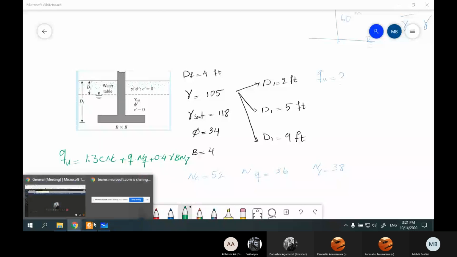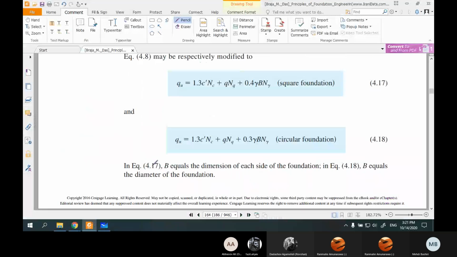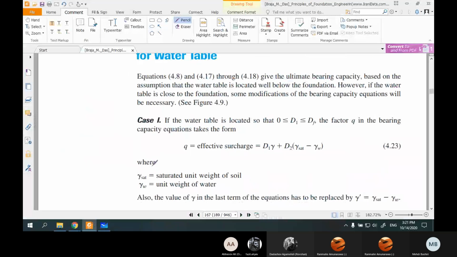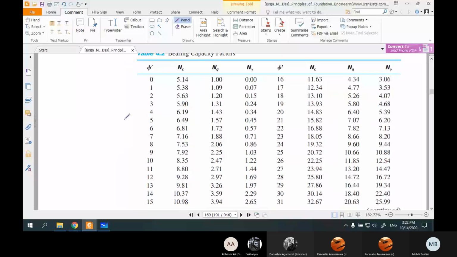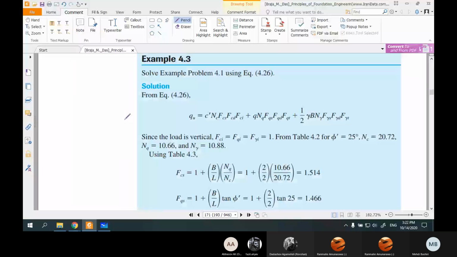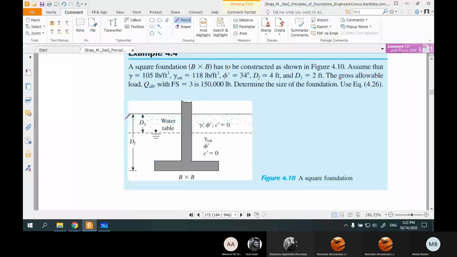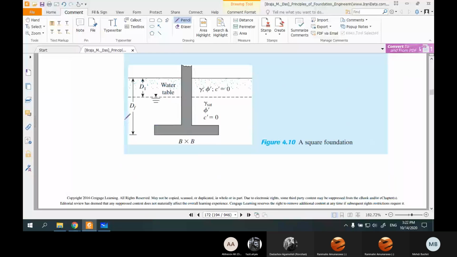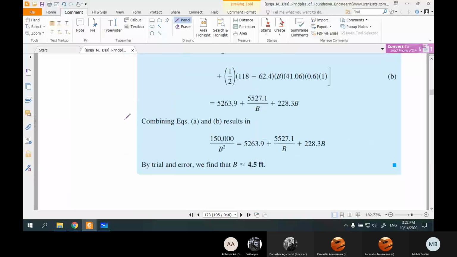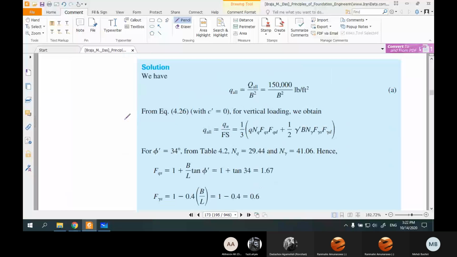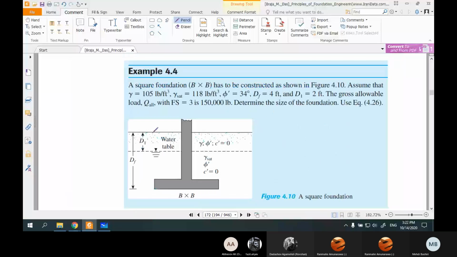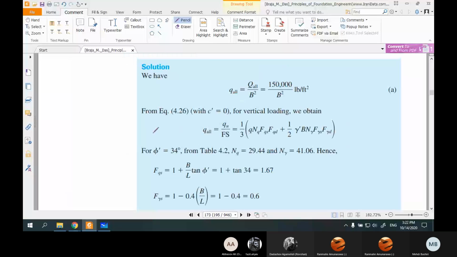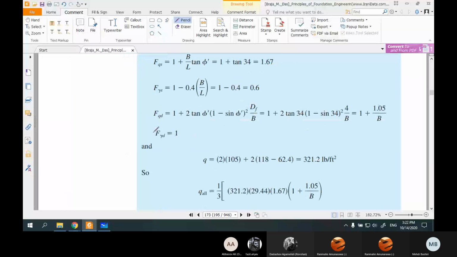What gamma water? 62.62. Gamma water is 60.